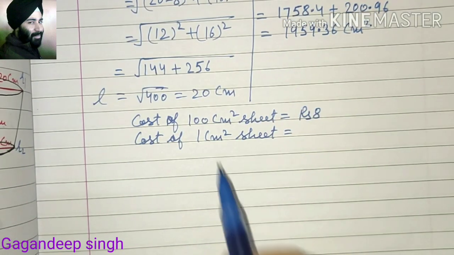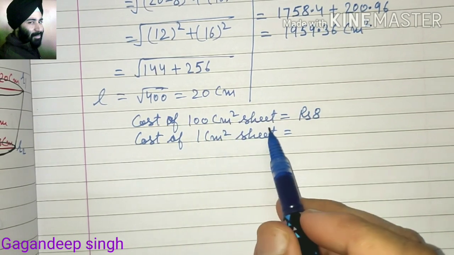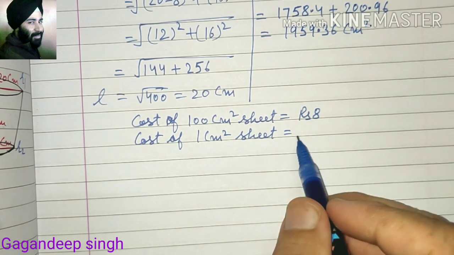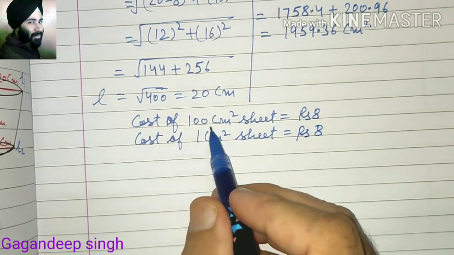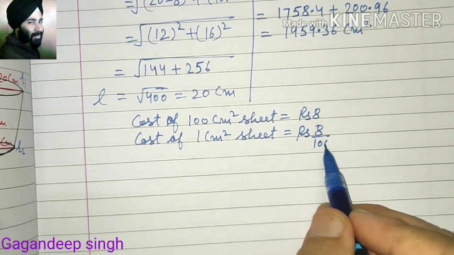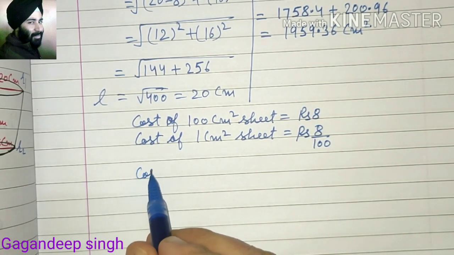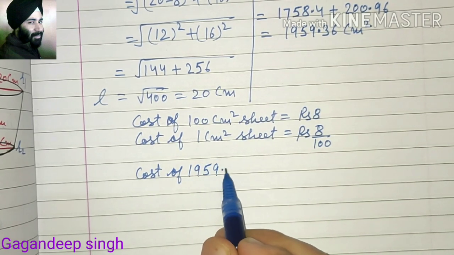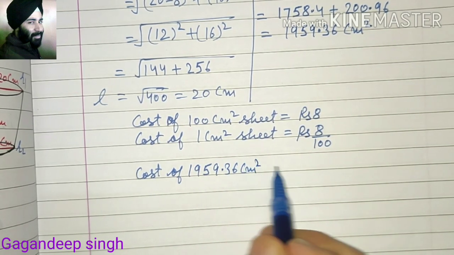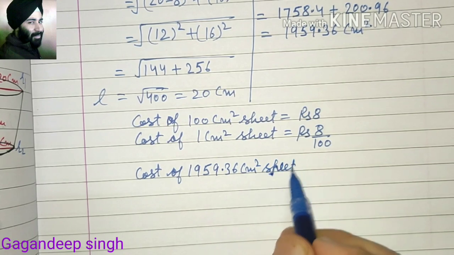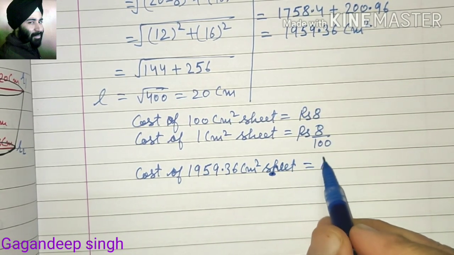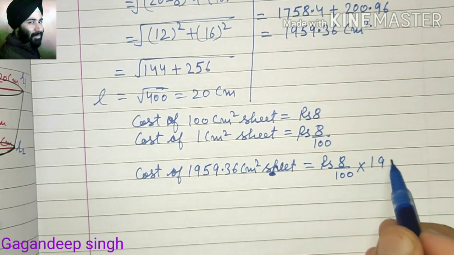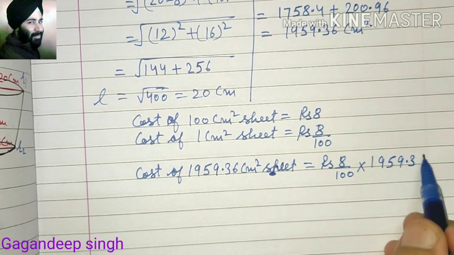Now we have to find the cost. We are given in the question that cost of 100 centimeter square sheet is rupees 8. Then what should be the cost of 1 centimeter square sheet? It is rupees 8 and this 100 will come in denominator, and we have to find cost of 1959.36 centimeter square sheet, which is equal to rupees 8 upon 100 into 1959.36.